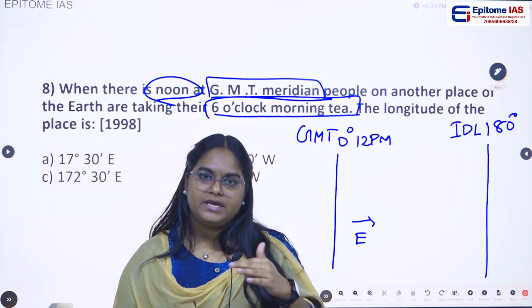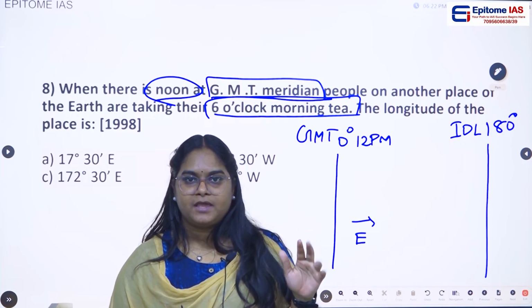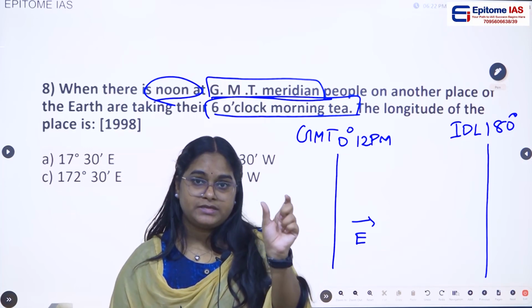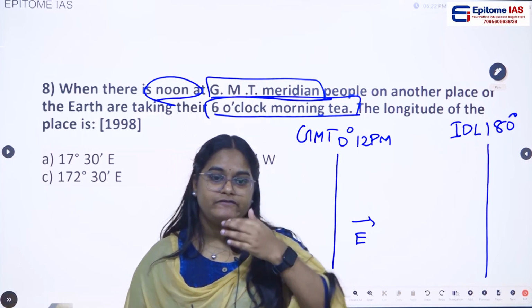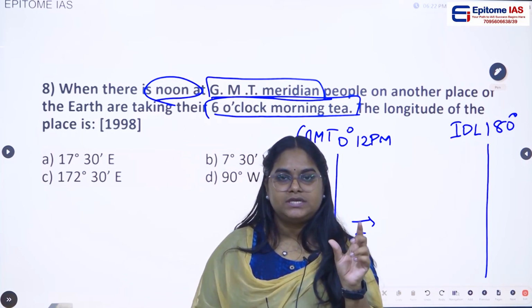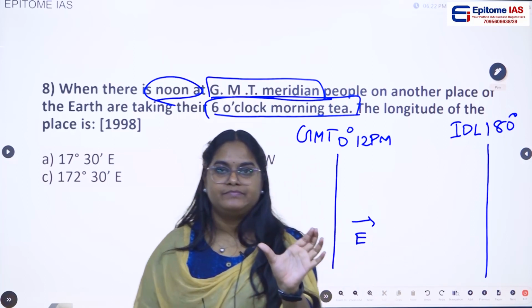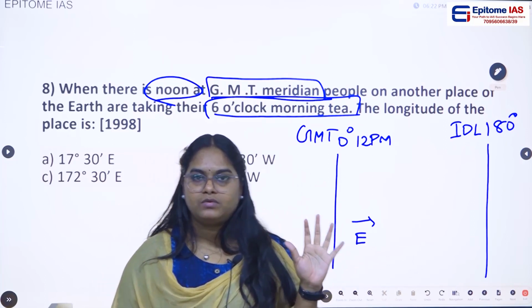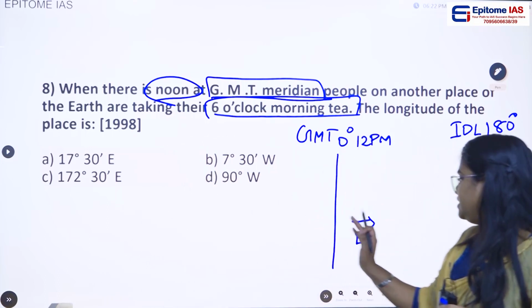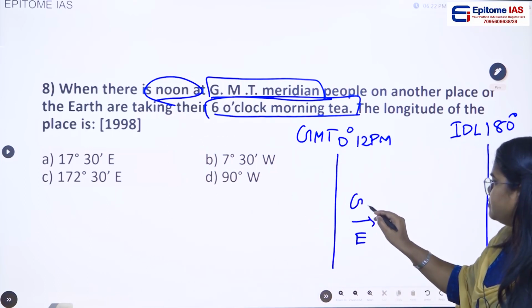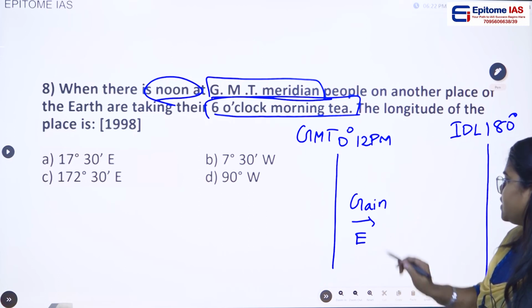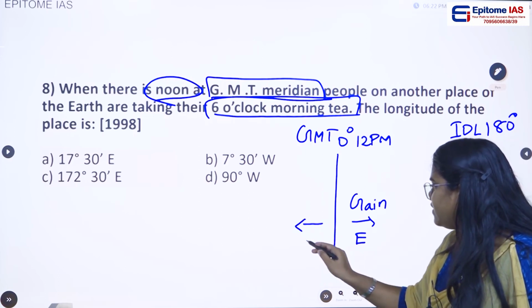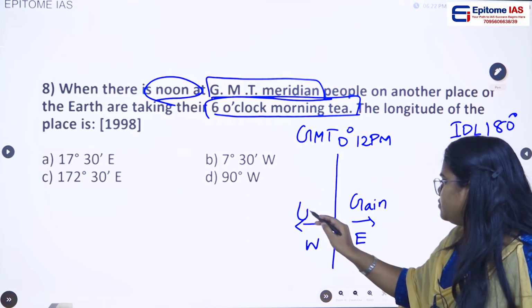It is actually ahead of GMT. We are ahead of GMT by exactly 5 hours 30 minutes. So whenever you are moving in the east direction, you are going to gain time, and whenever you are going in the west direction, you are going to lose time.